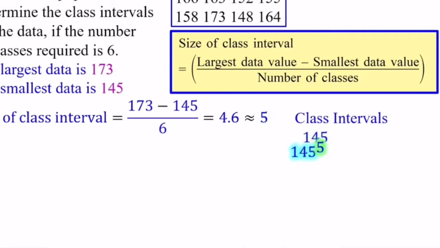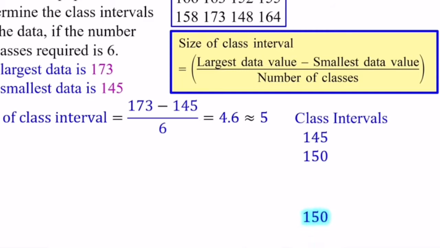So how you actually decide is, the lower limit for the second class is 150. That means 145 you plus 5, you get 150 for the lower limit.